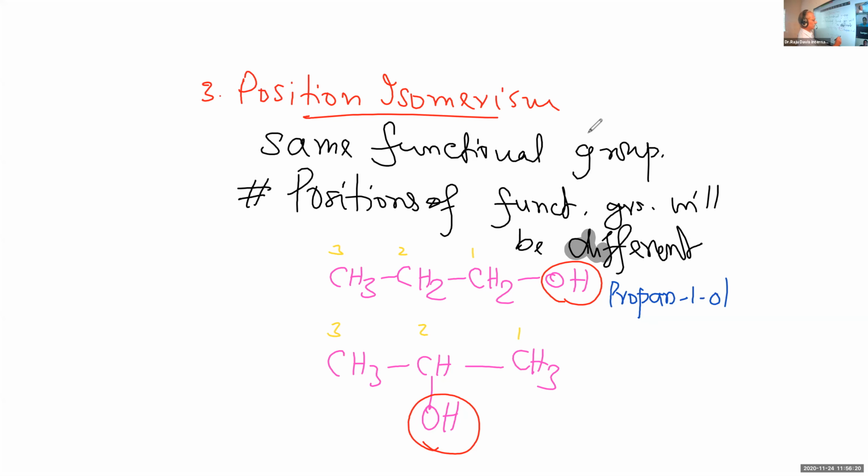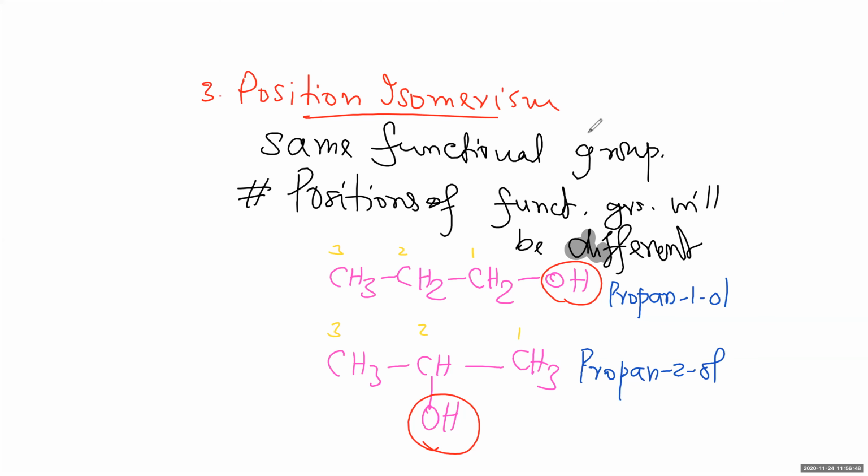And the second compound is propan-2-ol. See, both these compounds are propanols. So just forget about the position, then the compound will be propanol. But the positions of the ol, ol means OH group, will be different.